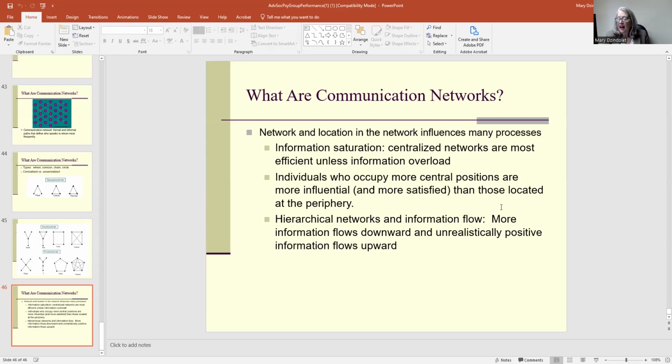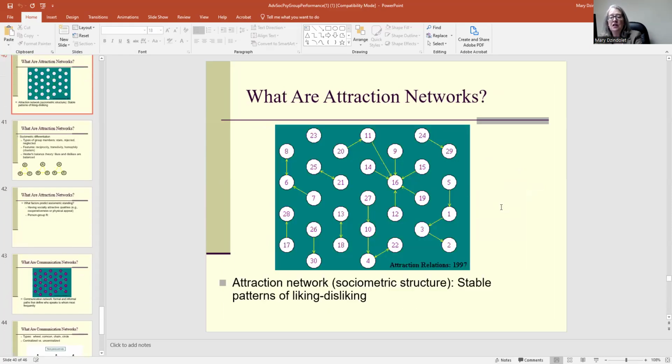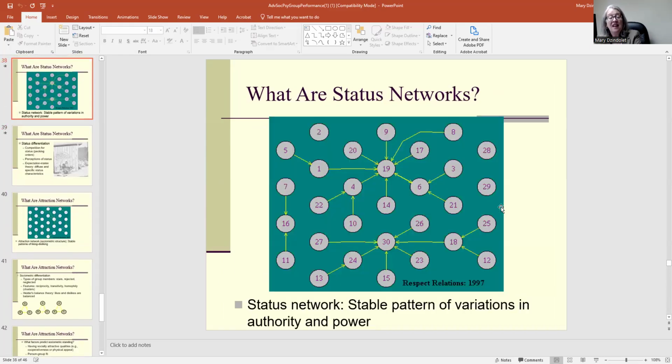So the book gives you a feel for these different kinds of communication networks and attraction networks and status networks. And all that I really want you to know about this is that there are at least 3 different types of networks, and basically how complex these teams are within an organization. And then that organization is within, like, if your organization is a bank, then you're within an entire banking system, banking at your state level, banking at the federal level, banking at a global level.